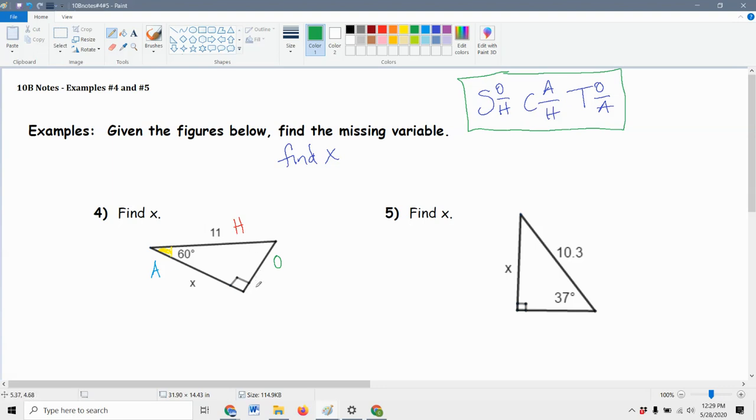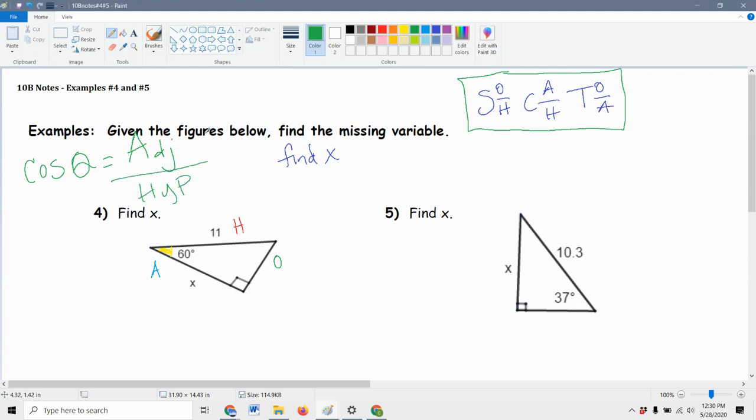We haven't assigned a variable to that side, and we don't have a value. So we only want cosine because it's dealing with the adjacent side and the hypotenuse. Okay? So we're going to use cosine of theta is equal to the adjacent side over the hypotenuse.